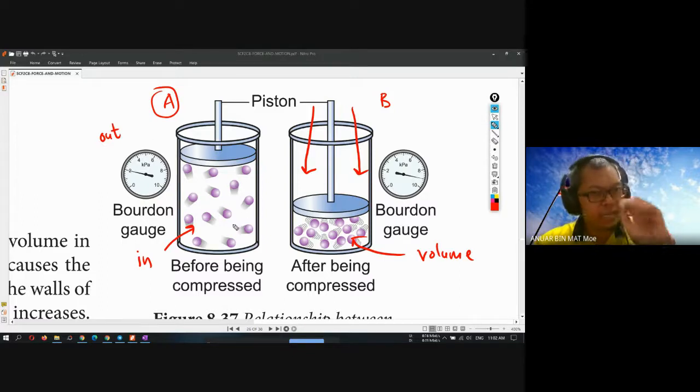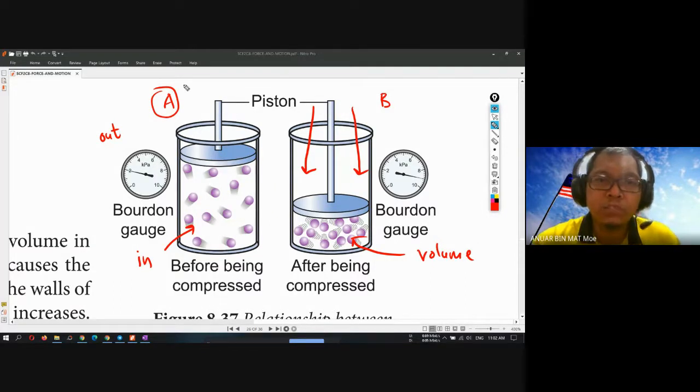Then you can see that the piston is not being pushed downward. That's why we can say here the pressure inside and outside of this container is the same.